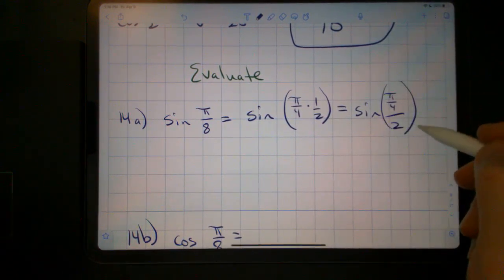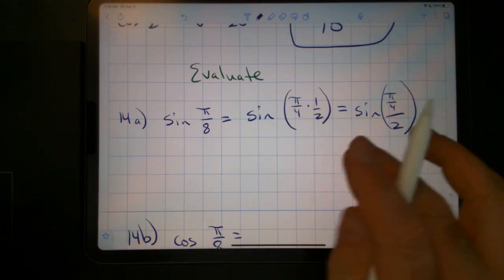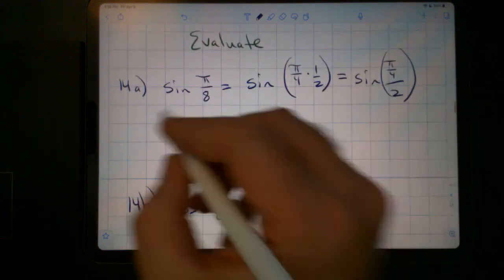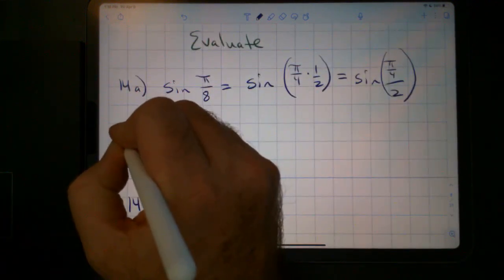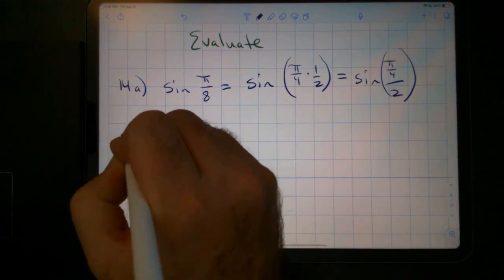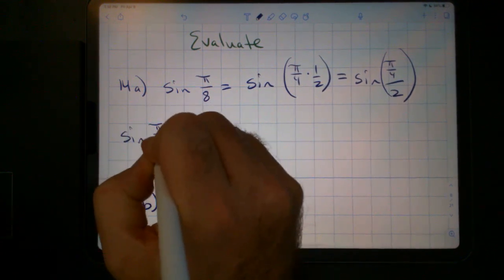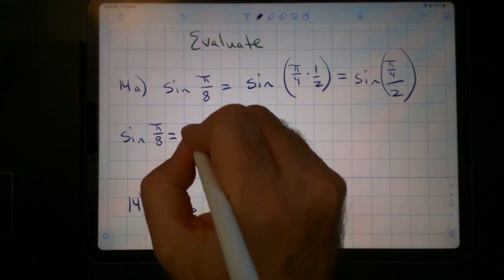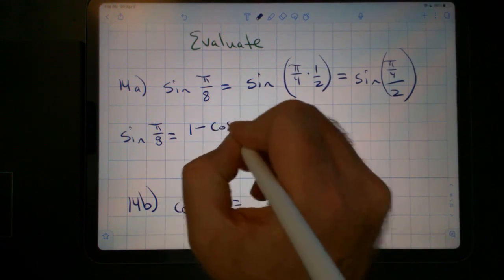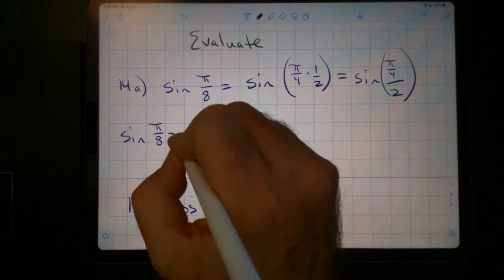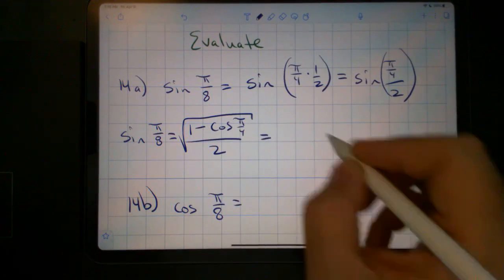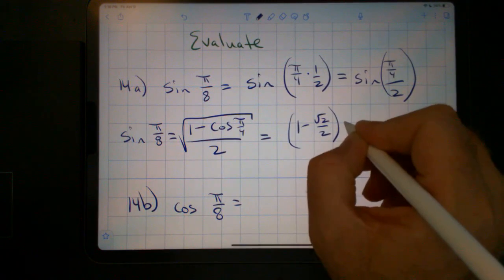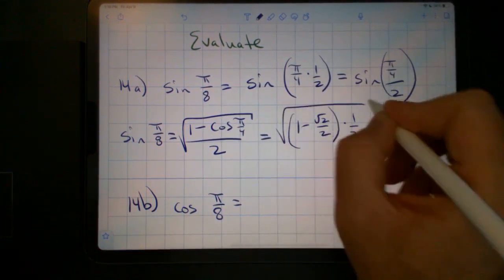So this is theta over 2. This is in quadrant 1, so we're looking at the positive, the principal square root of this. So sine of pi over 8 is equal to the square root of 1 minus cosine of pi over 4, over 2, which is 1 minus radical 2 over 2, divided by 2, square root of all of that.